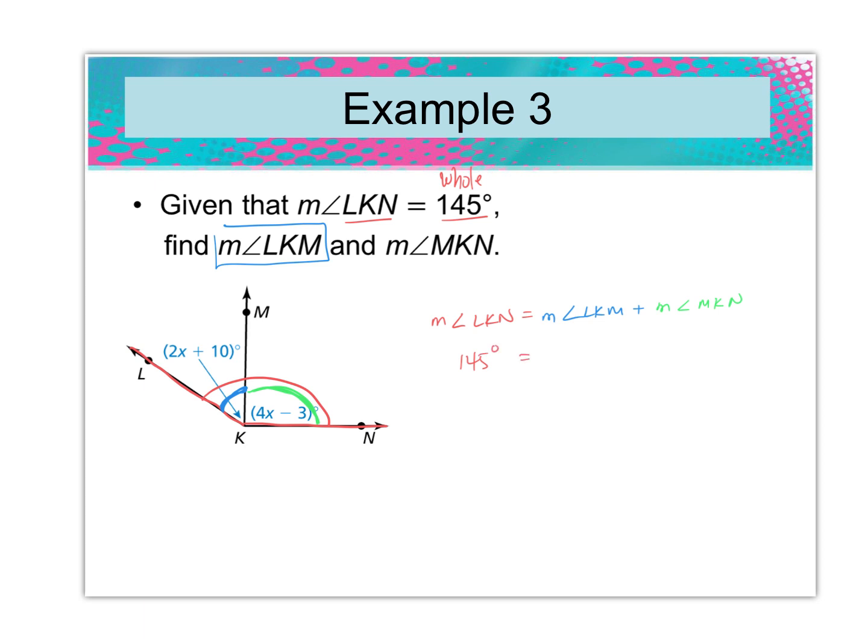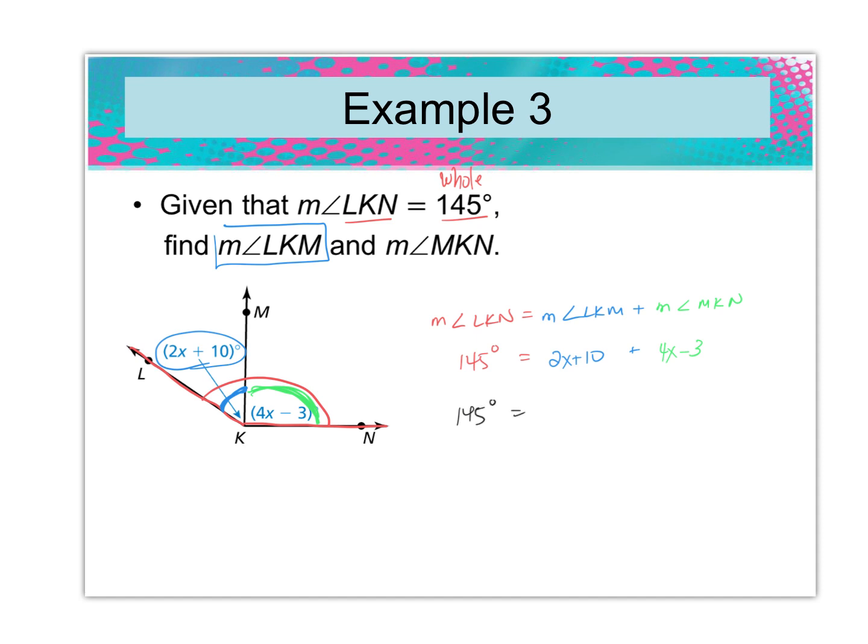The parts are LKM, the blue, is equal to 2x plus 10 degrees. And the other one, the green angle here, MKN, is equal to 4x minus 3 degrees. So notice that basically I just have an expression now. The two parts added together equal the whole angle. They told me the whole angle was 145 degrees, so I should just be able to do the math now.